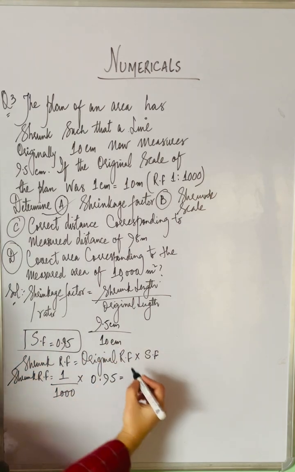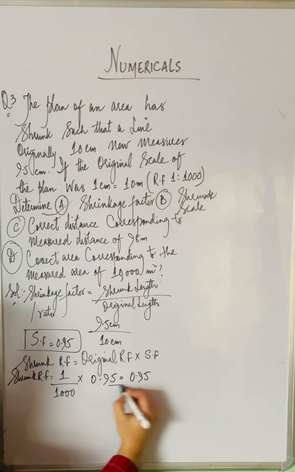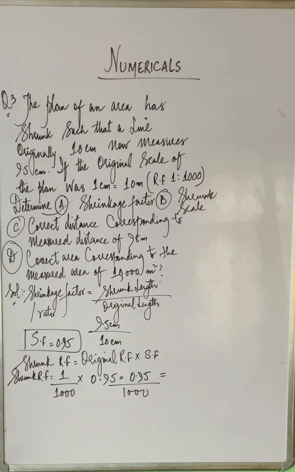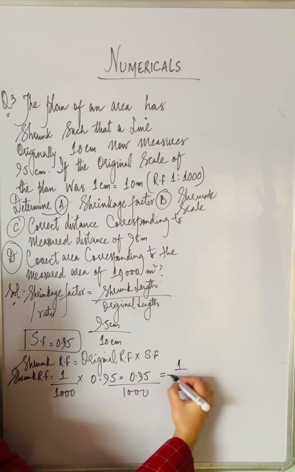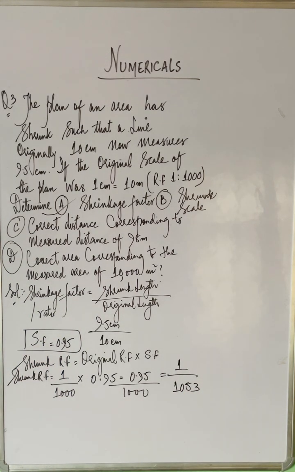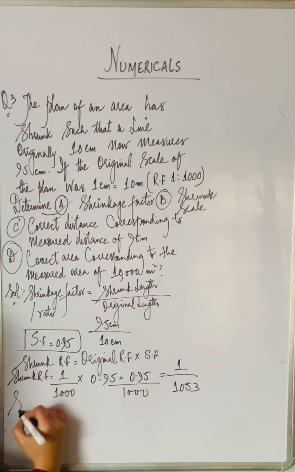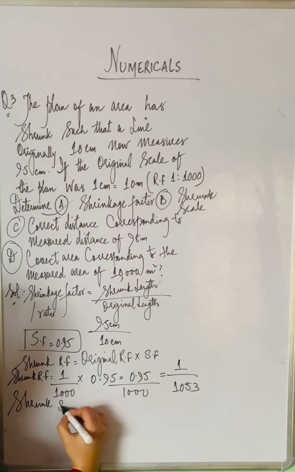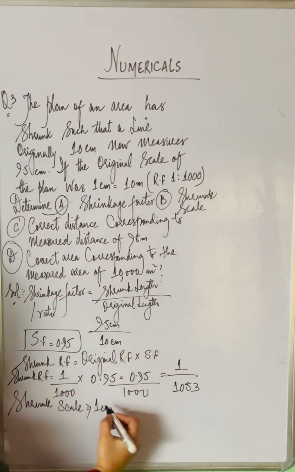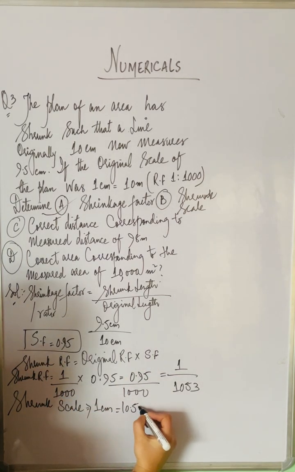So after calculations, it will come equivalent to, right? So our shrunk representative fraction is 1 by 1053. What does that mean? That means now our shrunk scale is 1 centimeter corresponds to 10.53 meters on the ground.